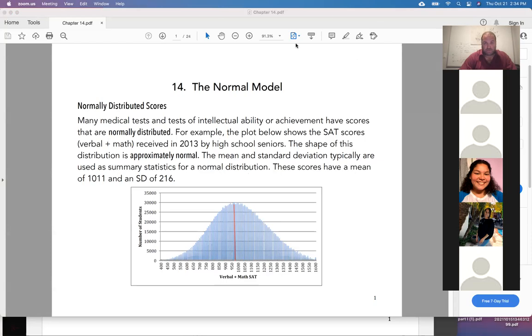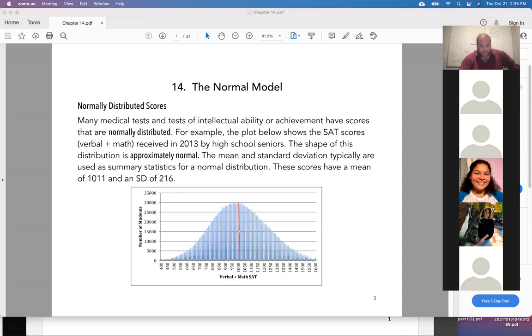Now I guessed wrong because it told me that the mean here was 1011, which is more about there. So the mean in this one is 1011. That's the average, right in the center. And it claims that the standard deviation is 216. Now, if I start at 1011 and I go to the right 216 or the left 216, 1011 plus 216 is 1227.